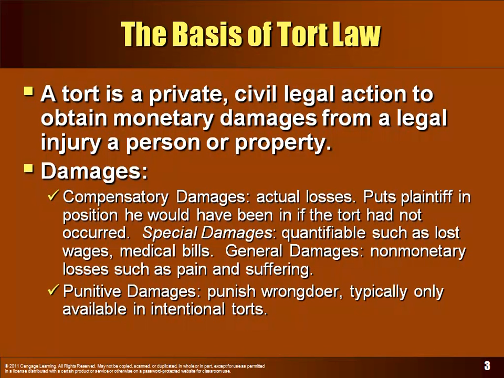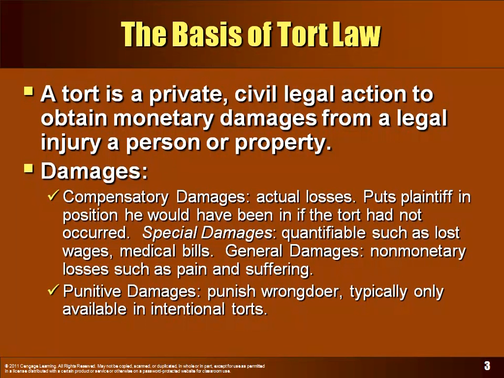And through discovery, they determined that there was a part that could have been replaced and avoided the problem. And so the court said, well, we could make Ford pay, but to Ford, this is nickel and dime stuff. We're going to punish them. We're going to award damages well in excess of any actual damages, so they'll think twice before they make that kind of decision again. So those are the type of situations you get punitive damages.